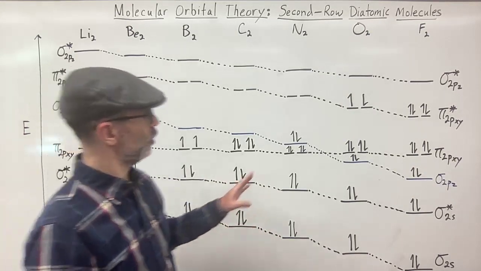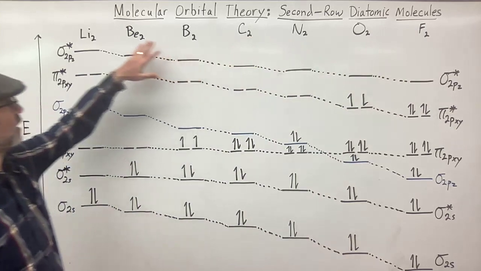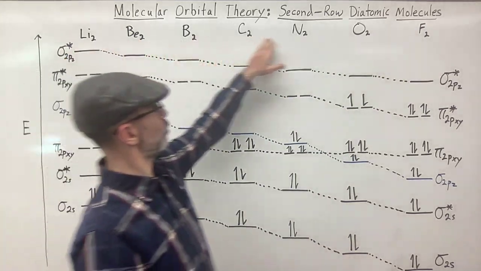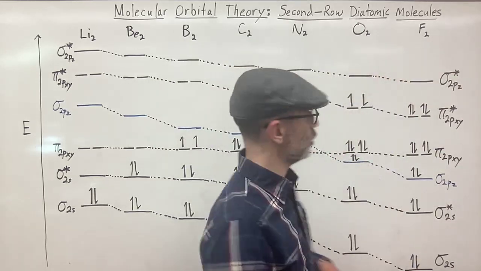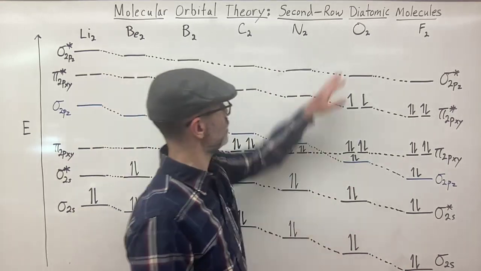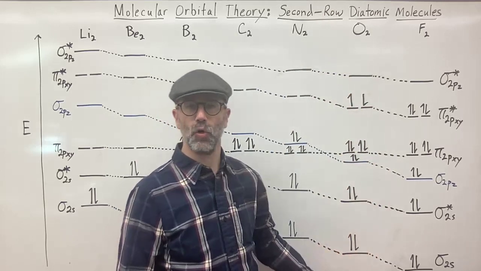So here are the molecules for the elements, lithium to beryllium to boron to carbon, all the way to fluorine. And so here's the order of the energy diagram. So here's oxygen and fluorine that we looked at, and here's the ordering of the molecular orbital diagram.